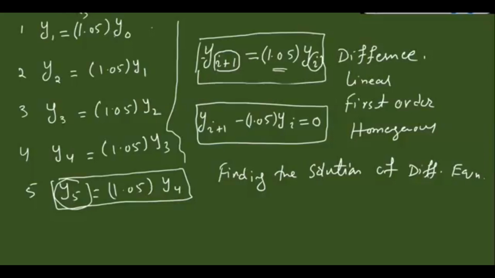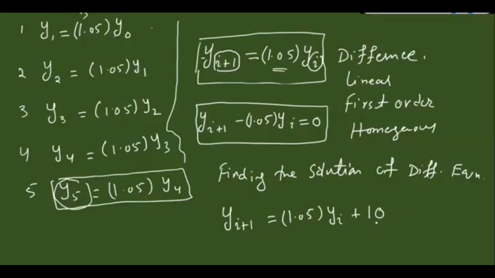So in this case, the equation is not like the earlier one, because that equation only says that the new year's reading is equal to 5% of the previous reading. But what I'm offering now is that if you invest, for every year you will get a 10 rupees bonus.